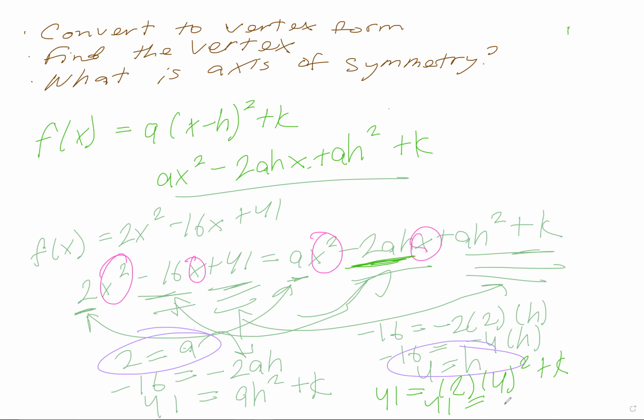What's 16 times 2? 16 times 2 equals 32. 32 plus k, so k is equal to 9. Great. So now we have all this information, we put it into vertex form.